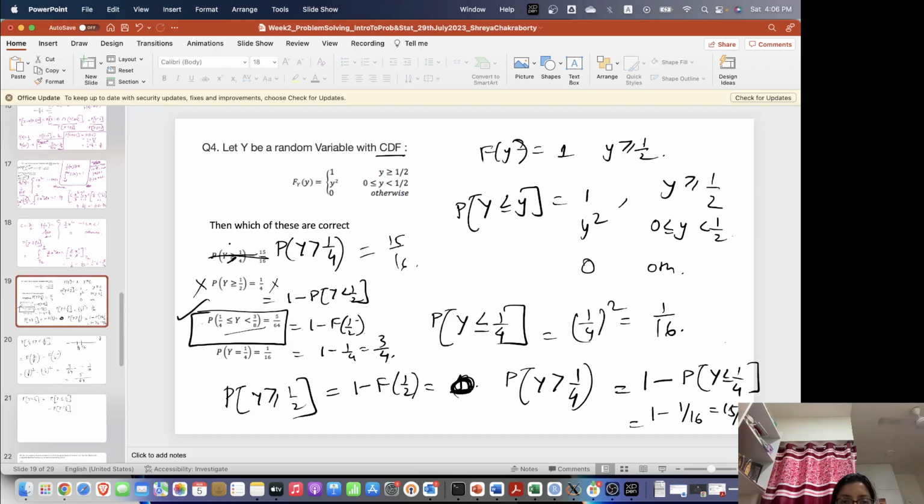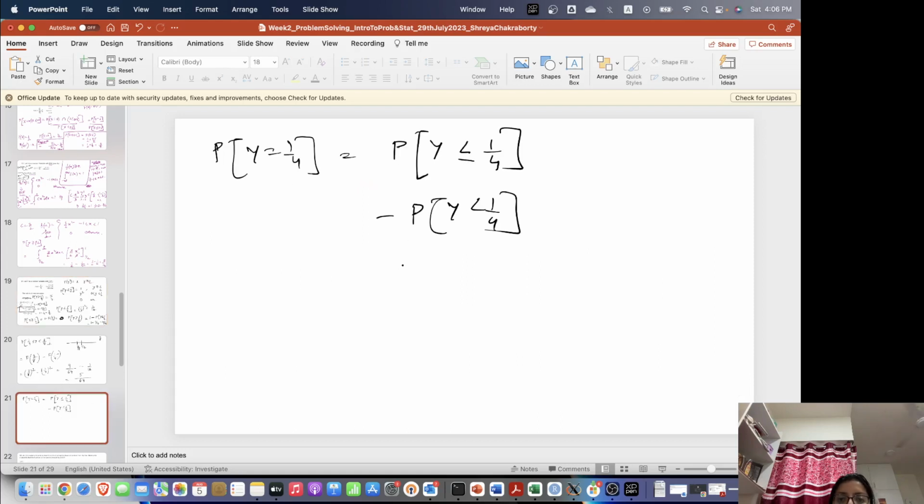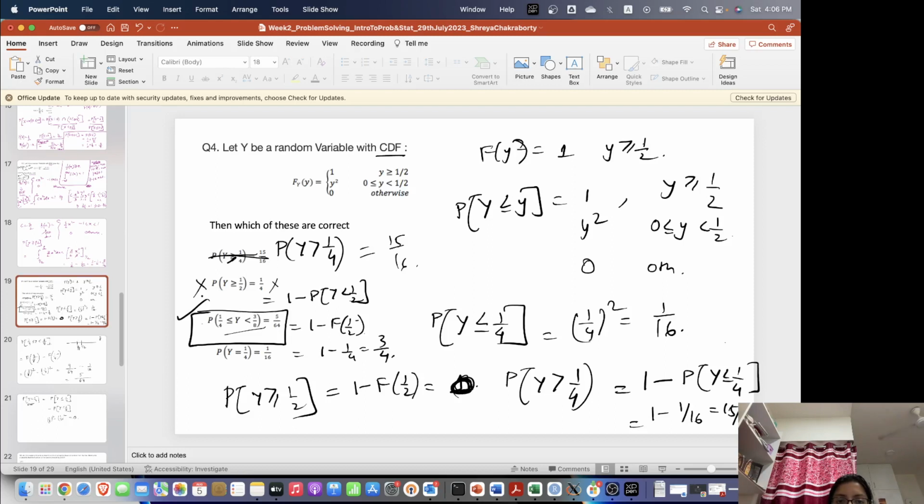So here 1/4, since it lies in this range, it's y square. So it will be 1 by 4 square minus 1 by 4 square. So it will be 0. Now since at any given point its probability is 0, most probably this is a continuous type of distribution.